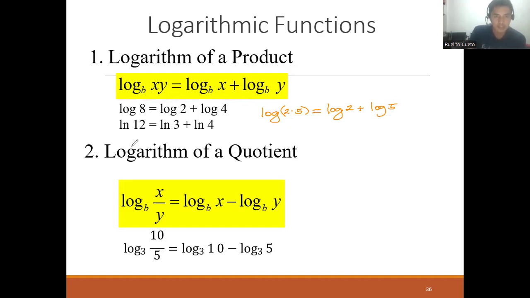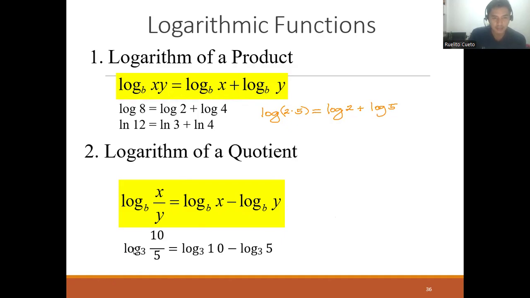Next property is logarithm of a quotient, or what we call the quotient rule. The logarithm of a quotient is the difference of the logarithms. Now, log of x over y to the base b is equal to log of x to the base b minus log of y to the base b. Make sure that the bases are equal again.